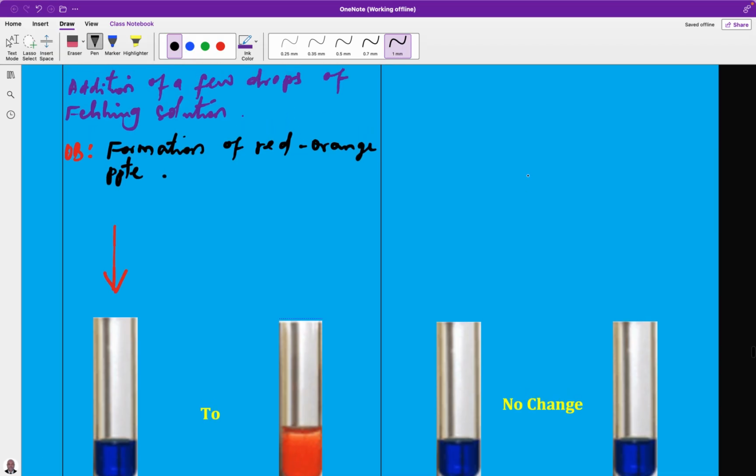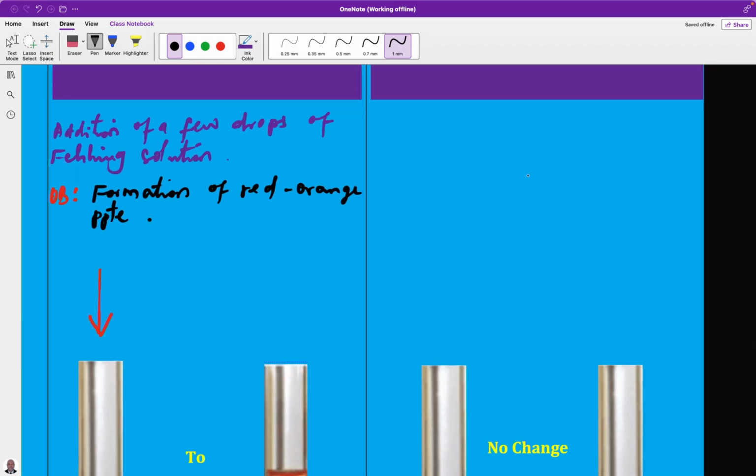Now, the same thing here. Again, addition of a few drops of Fehling solution.